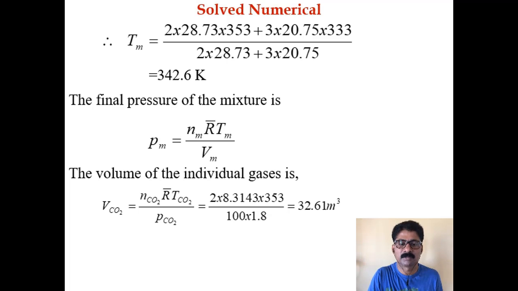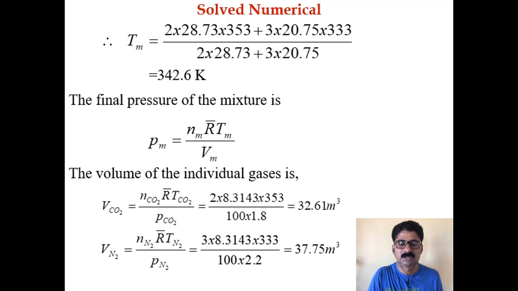If you make proper substitution there, you will get it as 32.61 meter cube. Similarly, the volume of nitrogen is 37.75 meter cube. I am not giving any time for you to calculate, so you can go through the lecture and later you can calculate.